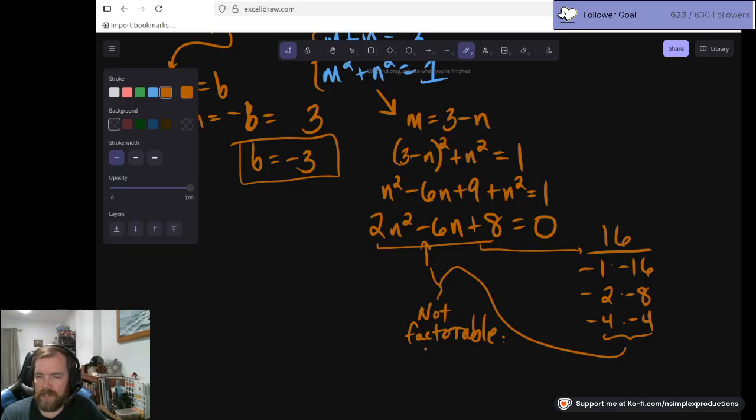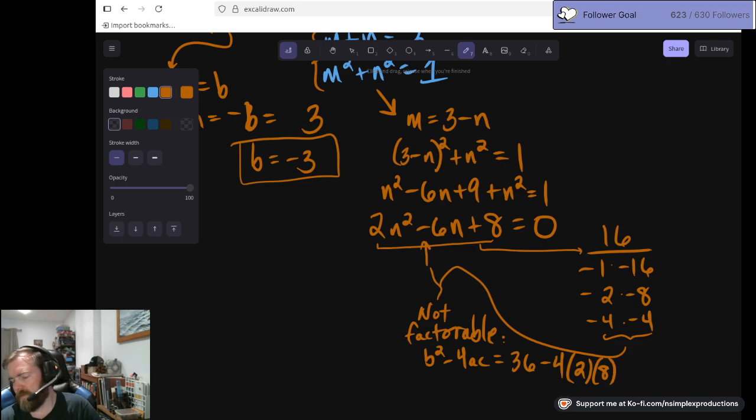And just to check it, b squared minus 4ac is going to be equal to 36 minus 4 times 2 times 8, which is 4 times 16 is 64, subtracted from 36, which is less than 0.